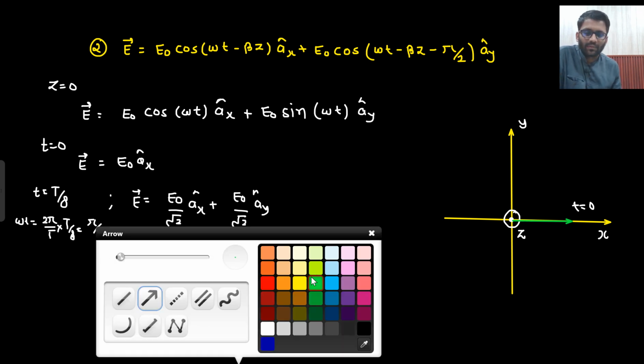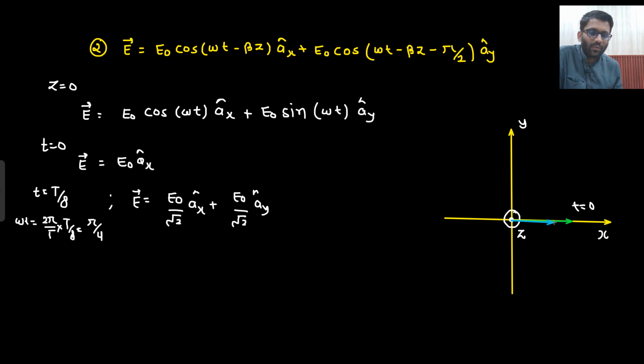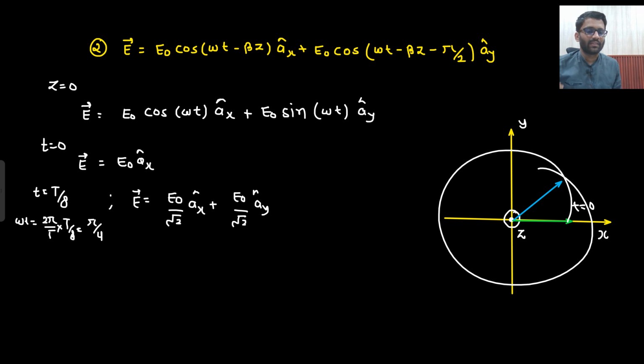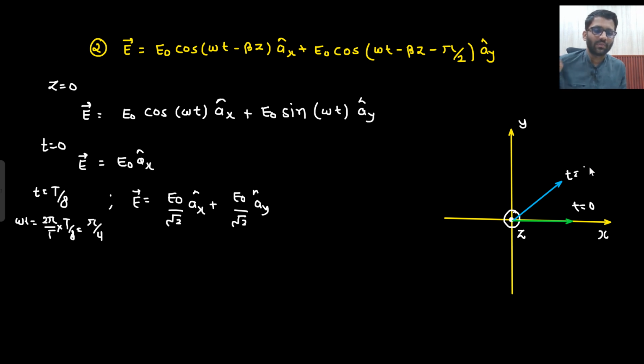So what will be the equivalent? Equivalent will be in between. So here I am getting my equivalent, and from here I will get to know in which direction I am moving. I will move in this direction, right? So this is at t equals T by 8.